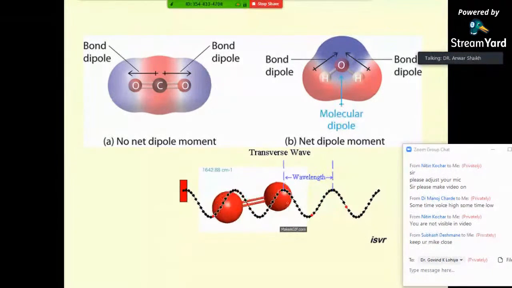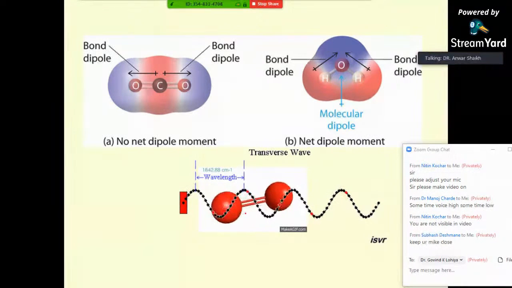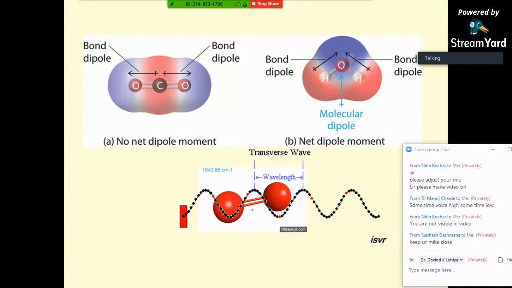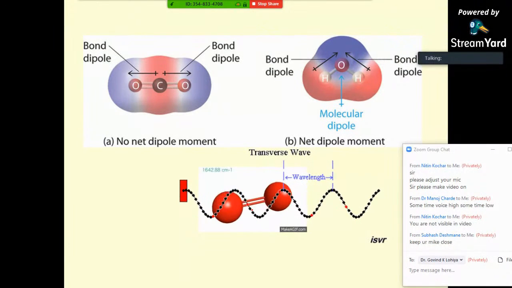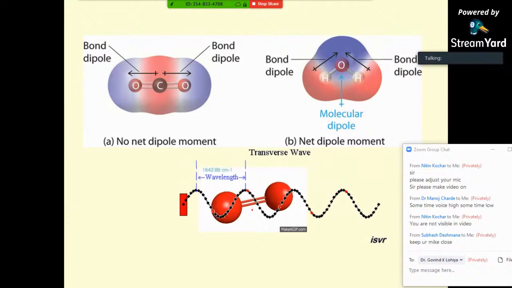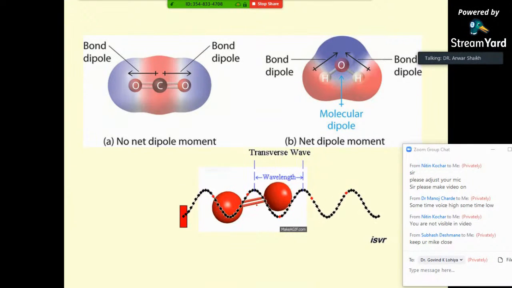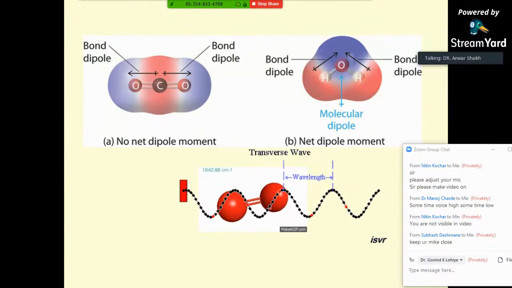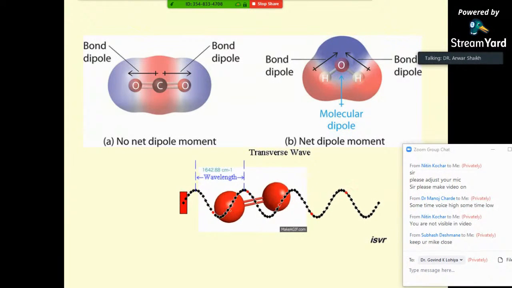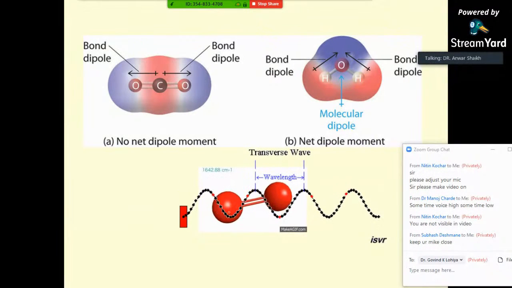So as we have the wave with the increased and decreased electrical component, there will be simultaneous repulsion and closeness of the two atoms which are separated by some dipole moment. As the wave passes through, there is repulsion and closeness, and this causes what is known as the molecular vibrations.